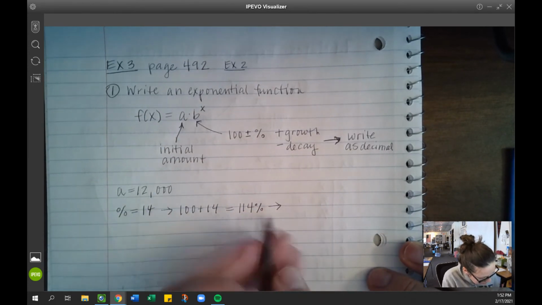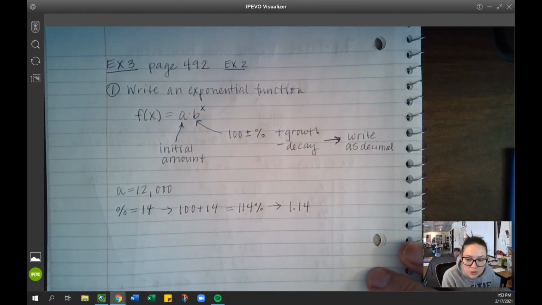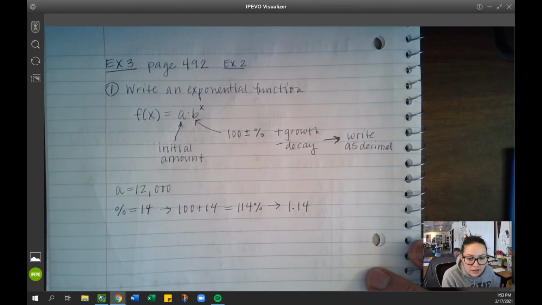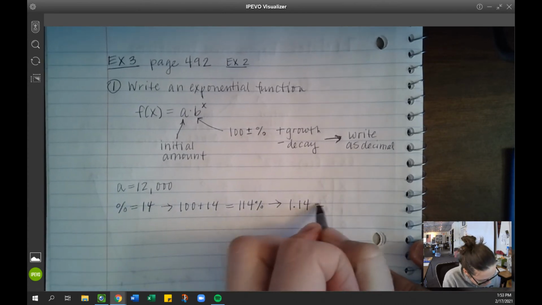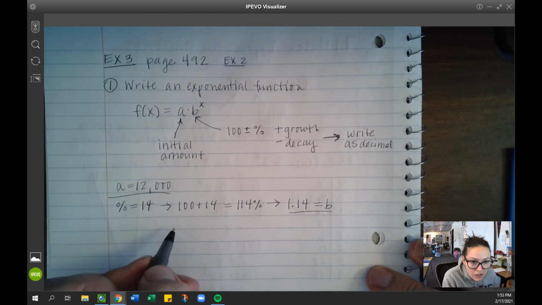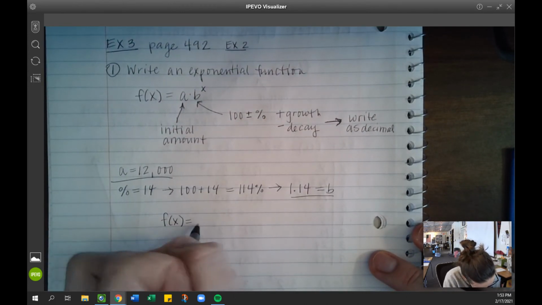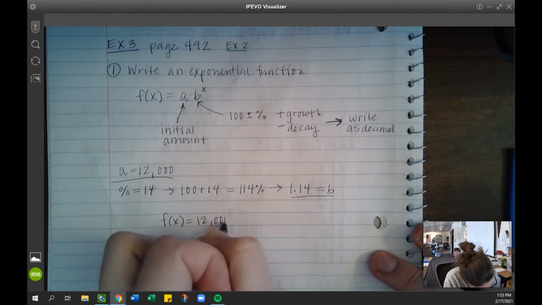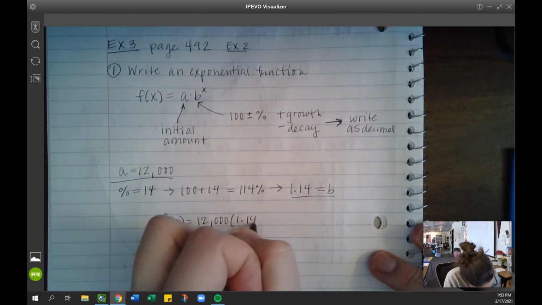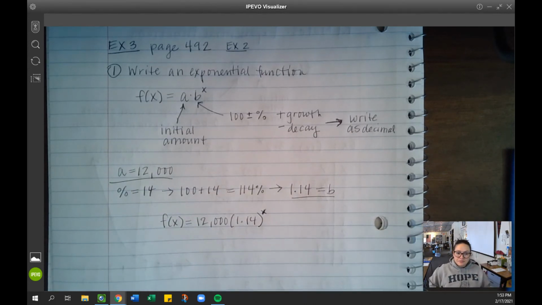But I need to write that as a decimal, which means we move it 2 spots over, making it 1.14, and that's our B value. So my function is f of x equals 12,000 times 1.14 to the power of x.